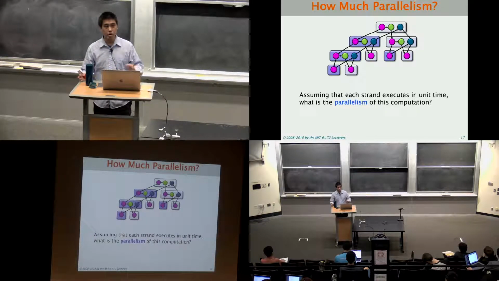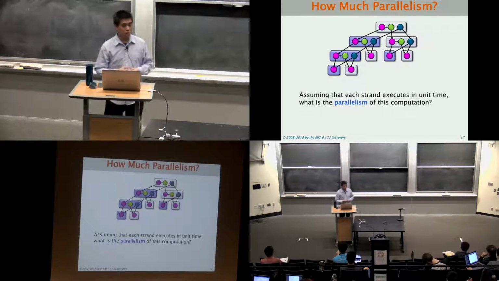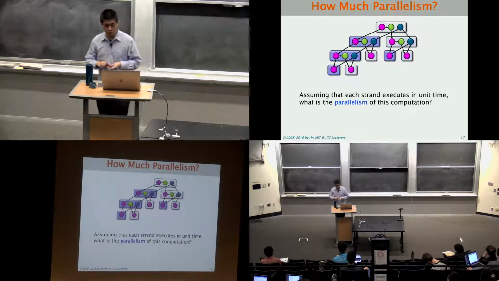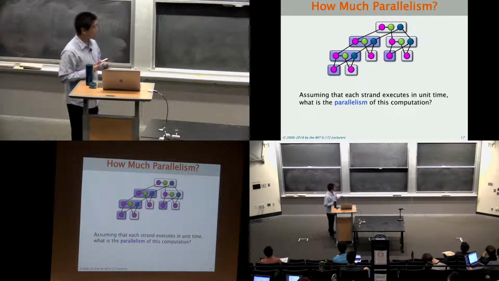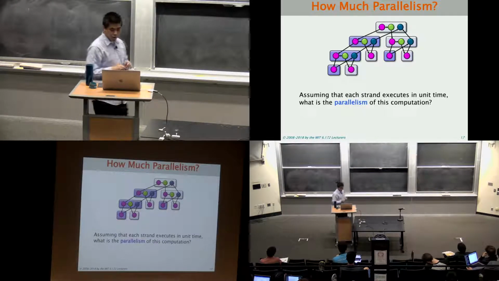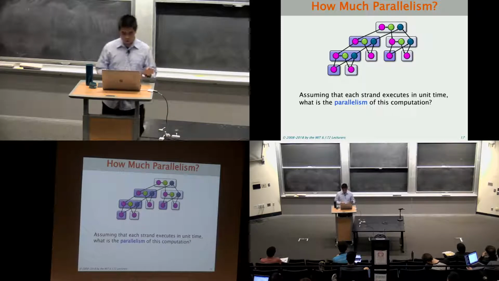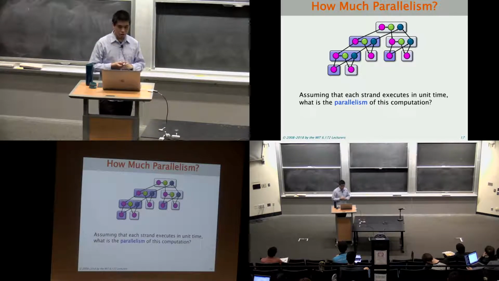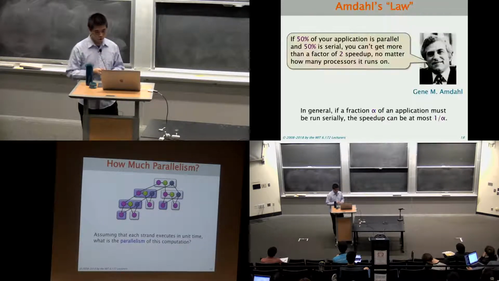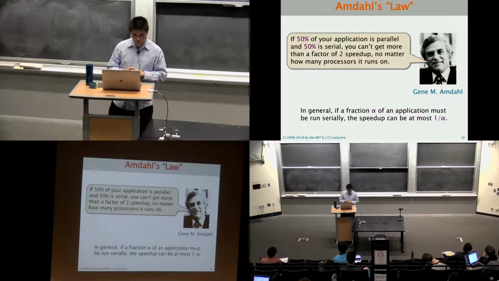Who thinks there's any parallelism at all in this computation? Yeah, it seems like a lot of people think there is some parallelism here. So we're actually going to analyze how much parallelism is in this computation. So I'm not going to tell you the answer now, but I'll tell you in a couple slides. First, need to go over some terminology.